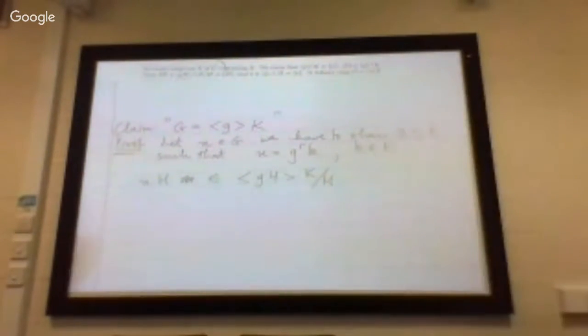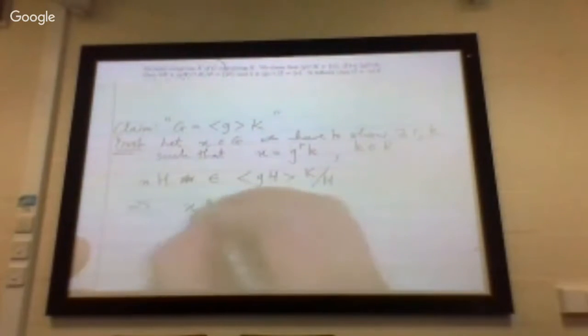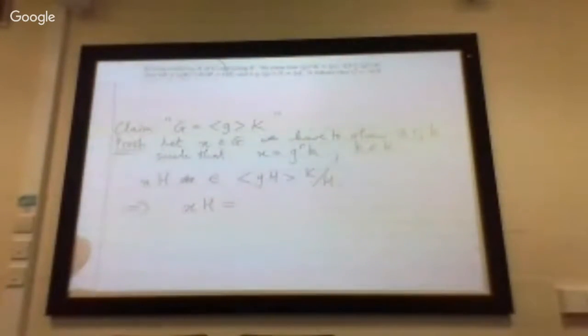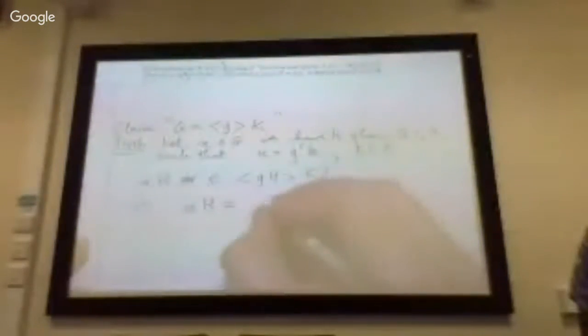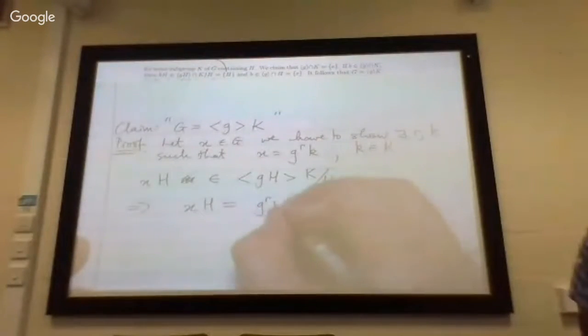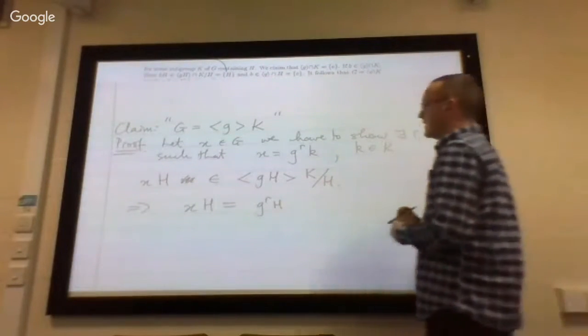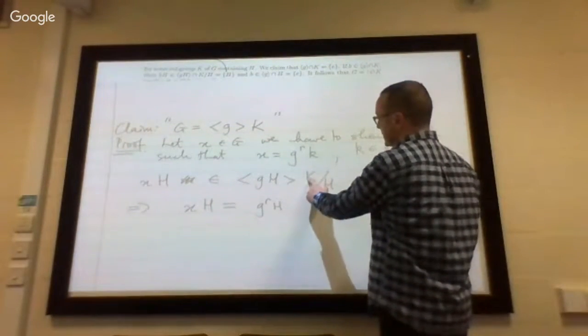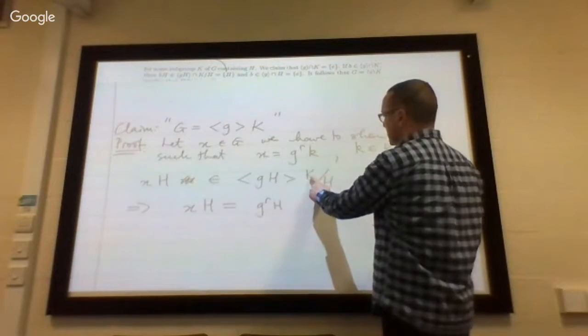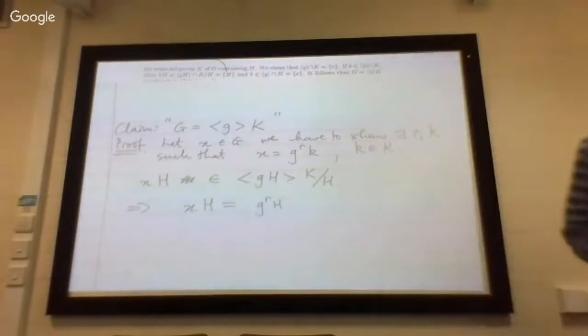So therefore, our coset XH is equal to something from the cyclic subgroup generated by GH. So that'll look like a coset generated by G to the R for some R. And what do you look like when you're in here?